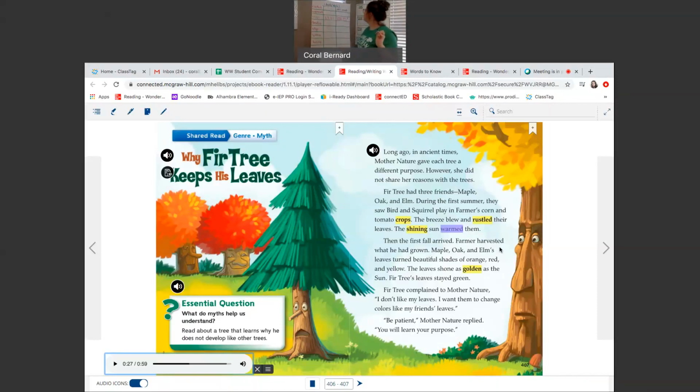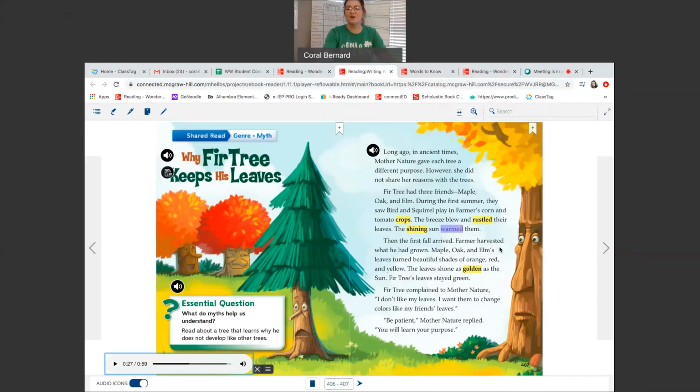To move around. Miss Bernard rustled through the cabinet to find a midnight snack. Rustled, I'm moving around. Let's see, I'll draw a tree with leaves on there. There we go. And then I'll draw some wind blowing through the tree's leaves.